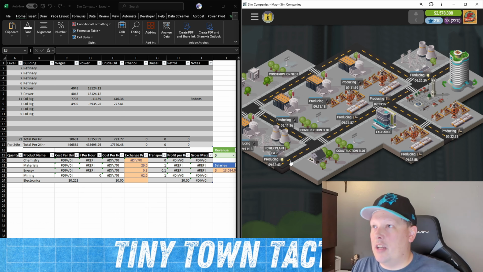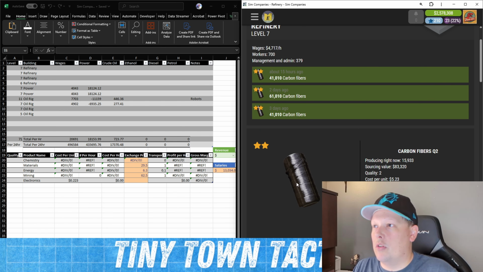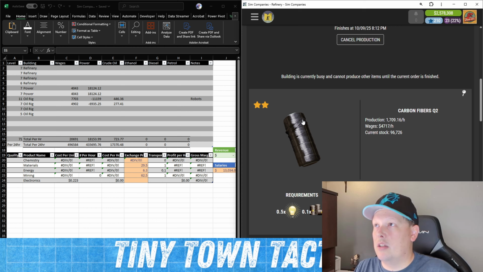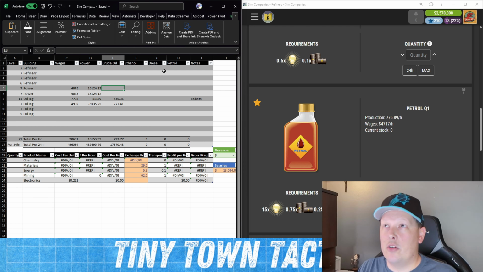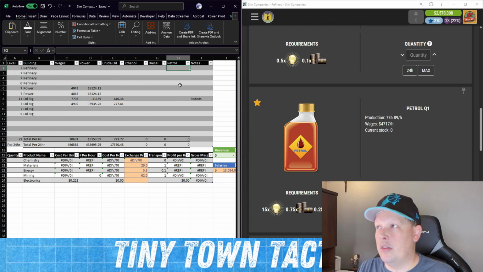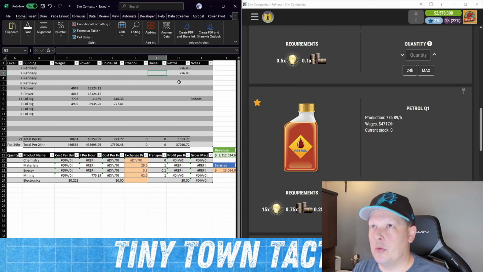So you can kind of see how this is going to go, right? So currently it's making carbon fibers. So I'm going to do 2 of the refineries, petrol, 2 of the refineries, diesel, and then we'll see kind of where we line up. So 776, 189. You can see not all my refineries are the same. They're close.